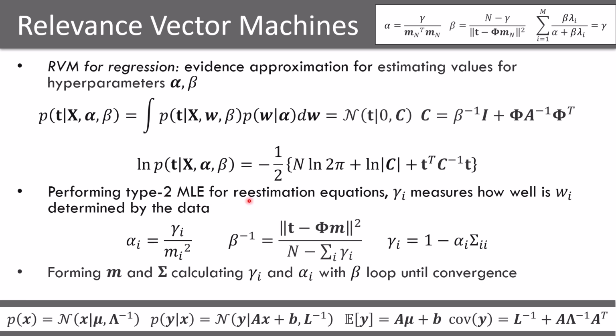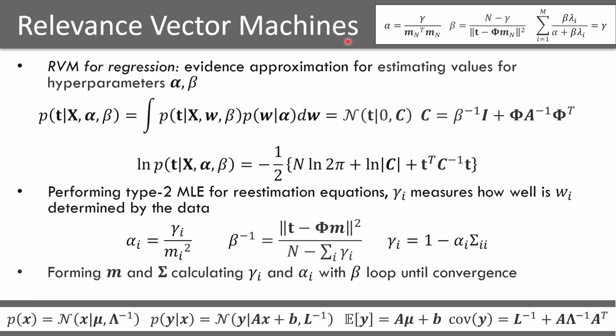for re-estimation equations, we come up with a certain gamma measure, which measures how well the weight is determined by the data. This gamma is an input for calculating our alpha components, and also for the beta. We will not go into details of how exactly we calculate these. We will simply say that they are very analogous.